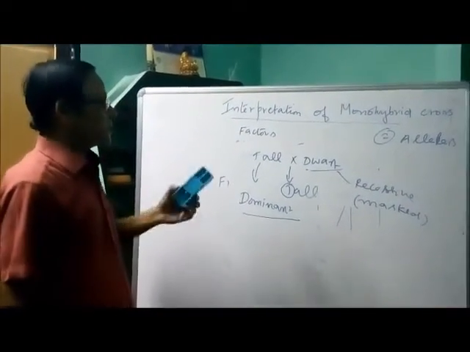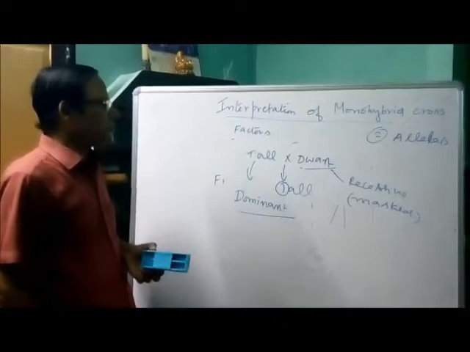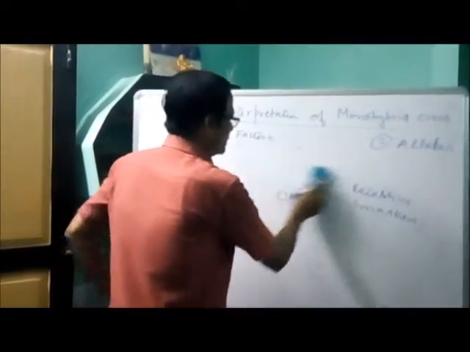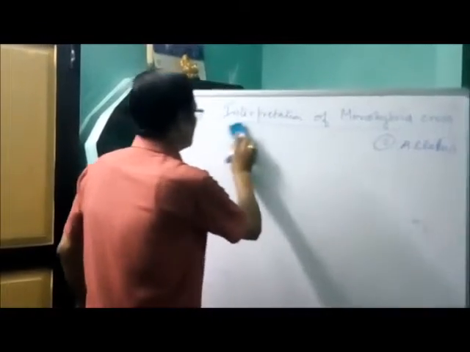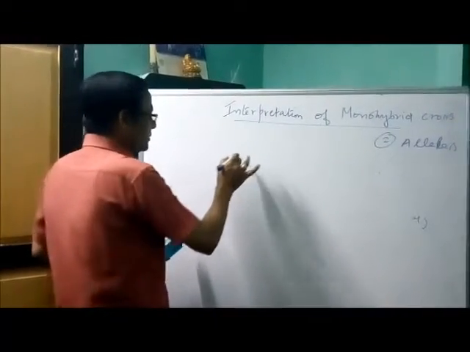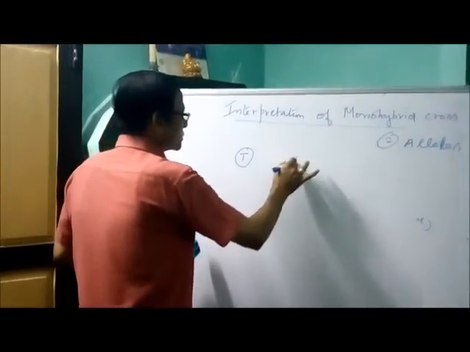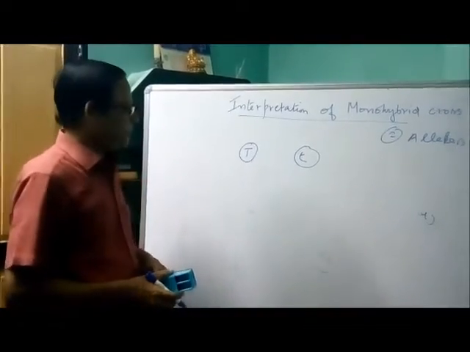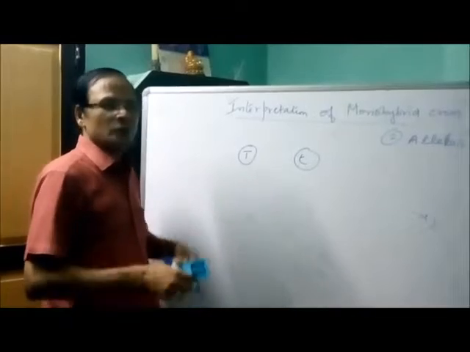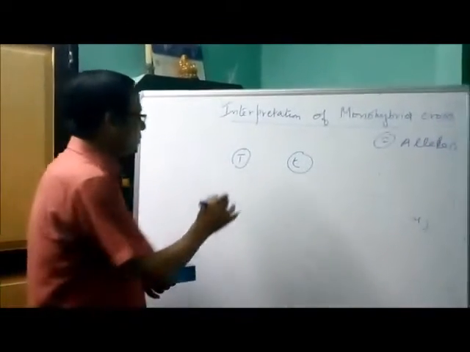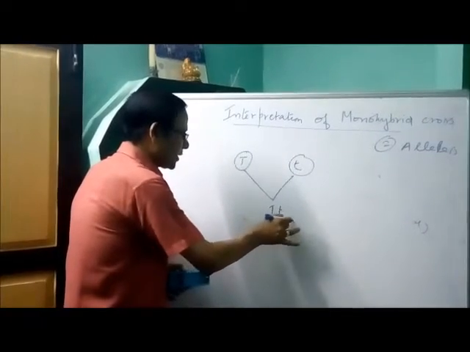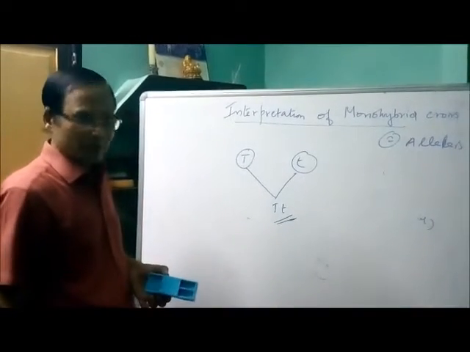Then another interpretation: the gametes are always pure. If you take a particular gamete, the gamete contains either capital T or small t. So these are separate, unique entities; when they are brought together in the F1 generation, they remain together without mixing.